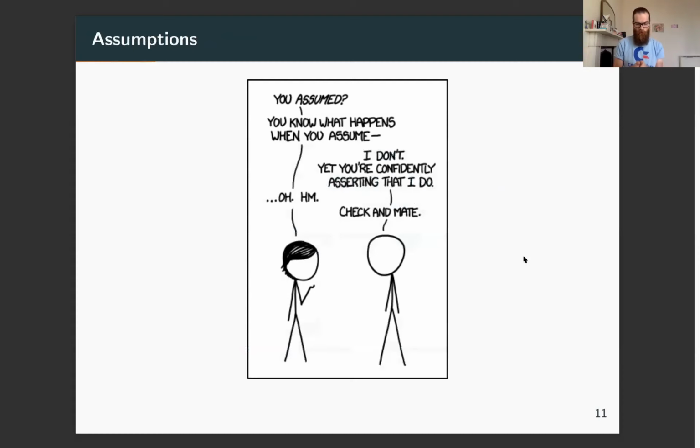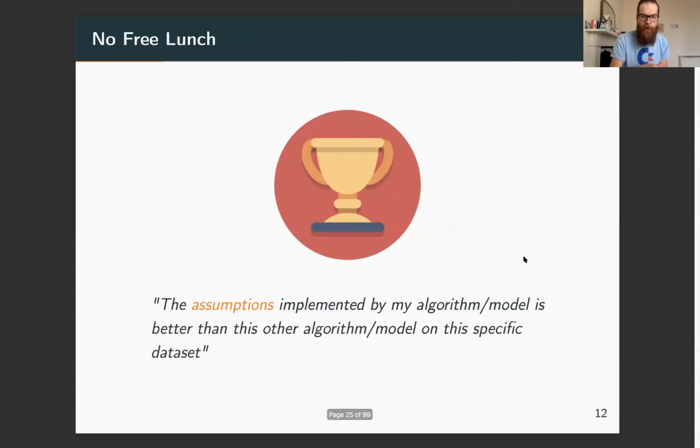So this whole talk can also be summarized by this XKCD comic, if you want. Okay, so we're now going to talk about assumptions. Assumptions are the thing that allow me to select certain explanations that I prefer compared to something else.